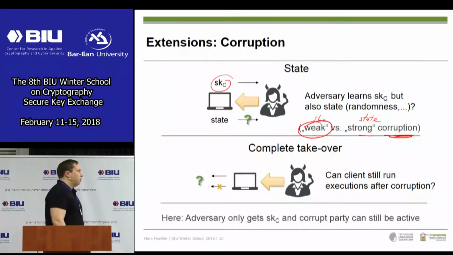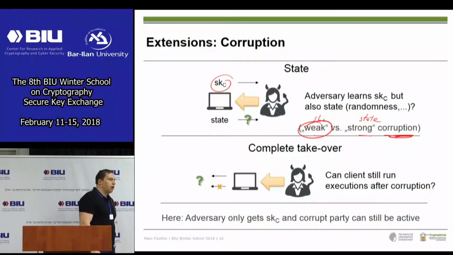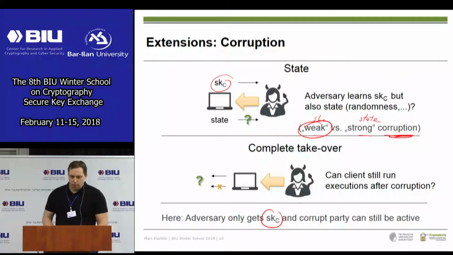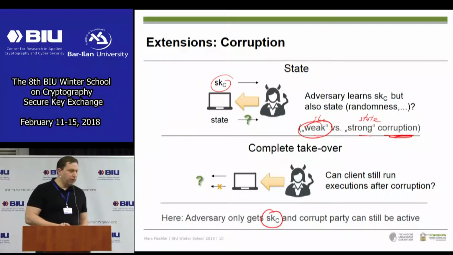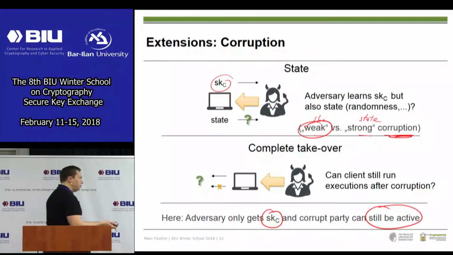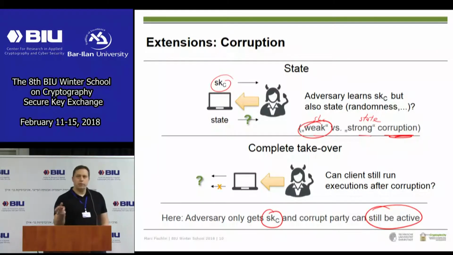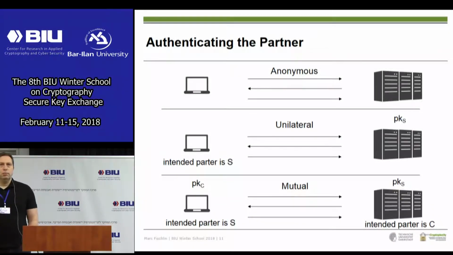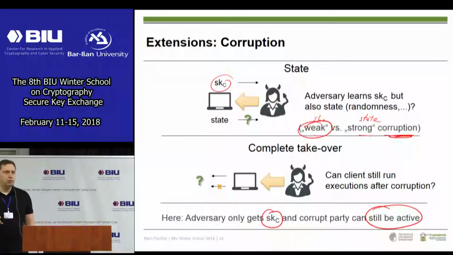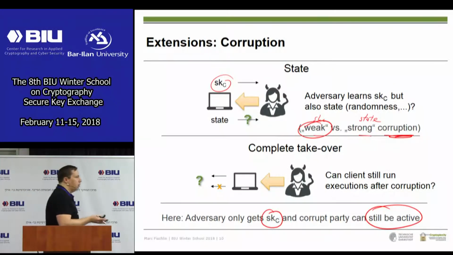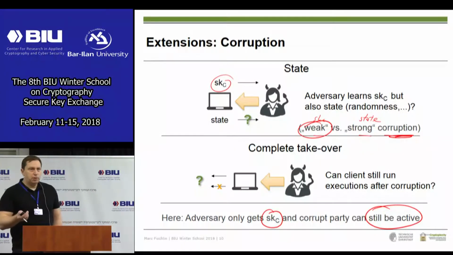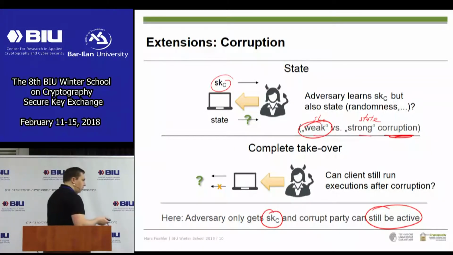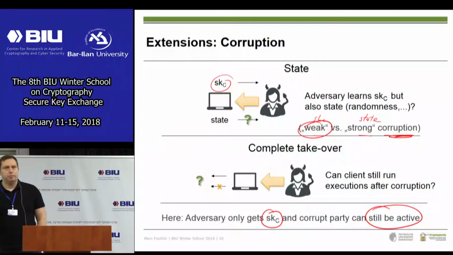So there are different ways in the literature to define corruption. One of the questions is, if I corrupt you, does it mean I break into your computer and I read the secret key from your computer? But then I can also potentially read more, right? Maybe some randomness, some g to the x, and I can find the x value in the memory. Maybe I can't, maybe it's hard. If you think in terms of the quantum attack, I'm breaking your RSA key because I have quantum power, then I don't recover your state, your inner workings of your computer.